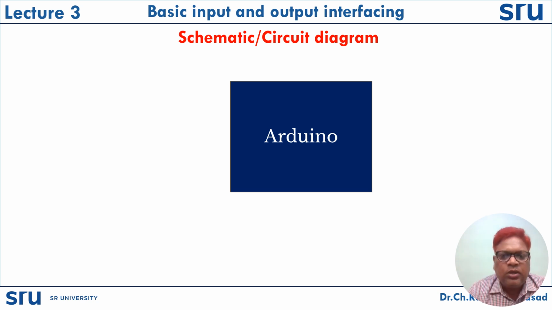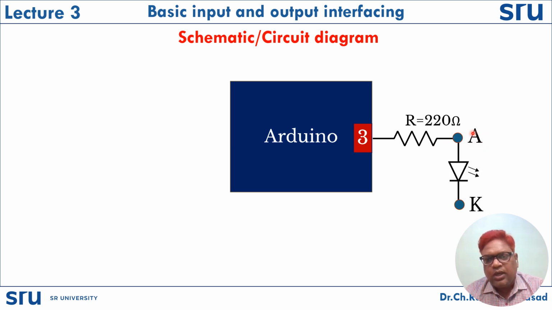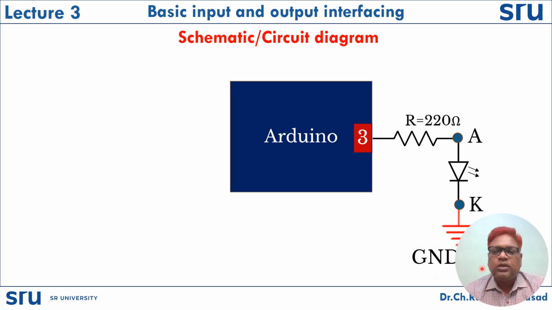So I am considering digital input for the switch and digital output for the LED. First, we need to connect the LED. Here I have considered the third pin, where I can connect the resistor of 220 ohms, as we already discussed. Then the anode of the LED should be connected here, and the cathode should be connected to ground. This is the connection of LED to Arduino UNO.